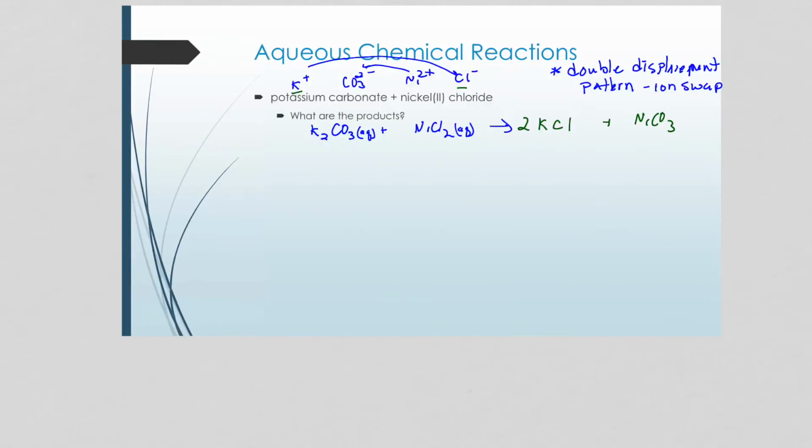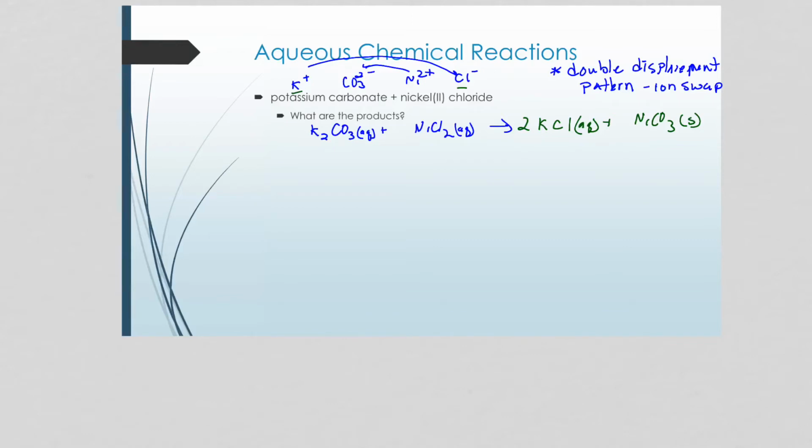So now we know that the KCl will be soluble, but the nickel carbonate forms an insoluble ionic compound. So what we see here is our reaction going on, right?